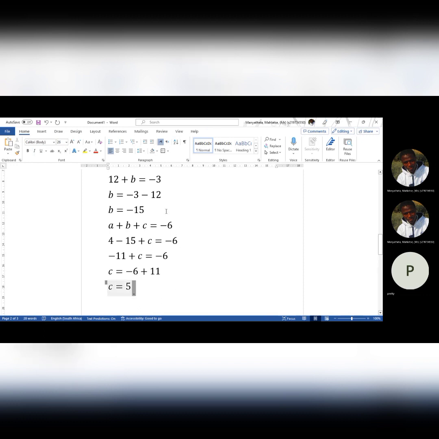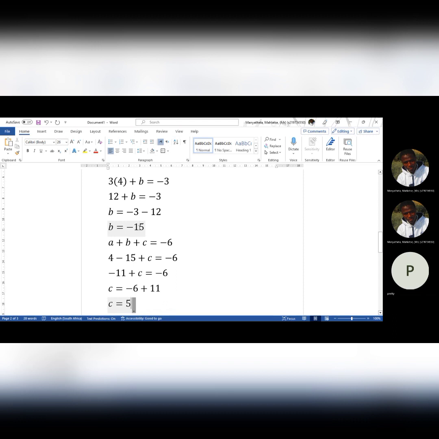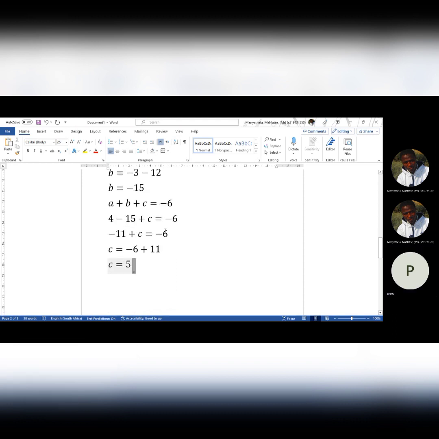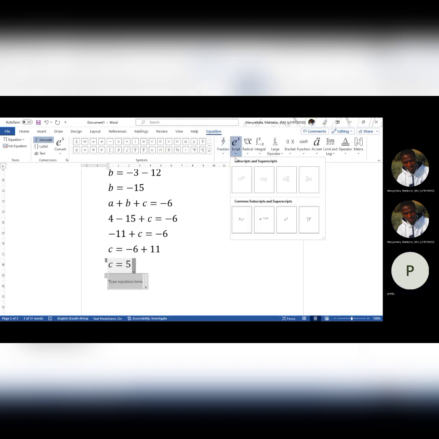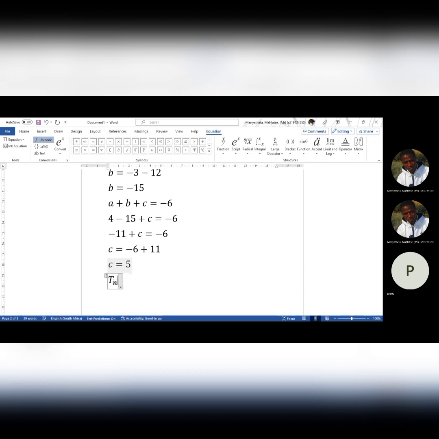So the value of a is 4, the value of b is negative 15. We can write this as a formula: t n equal to 4n squared minus 15n plus 5.